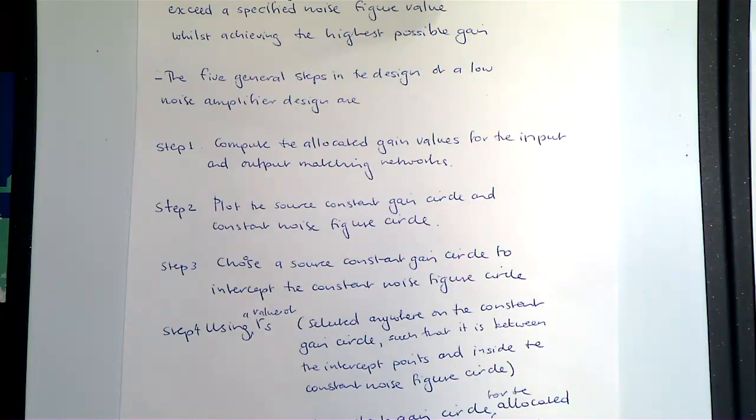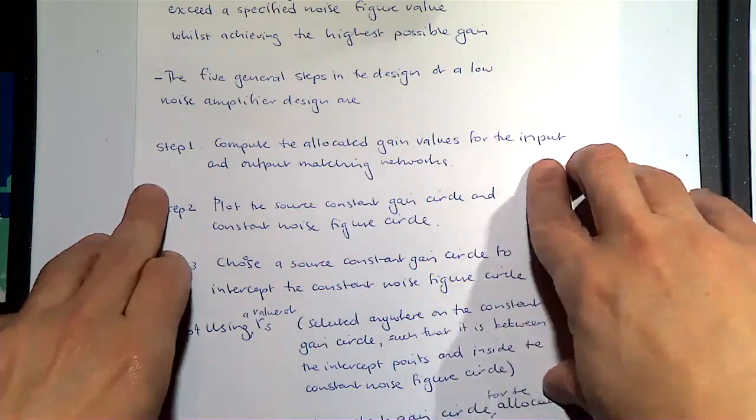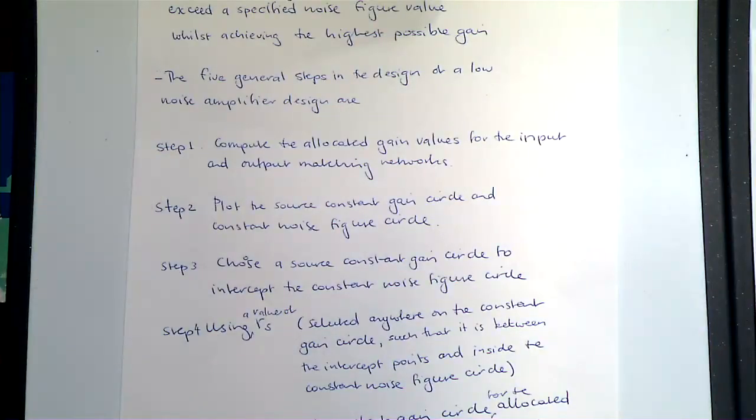As an example. And essentially that's what I'm saying in step number 1. You just assign how much you want for your source and how much you want for your load, and usually you assign it in such a way that you get a requisite noise figure, and also some desirable voltage standing wave ratio characteristics.